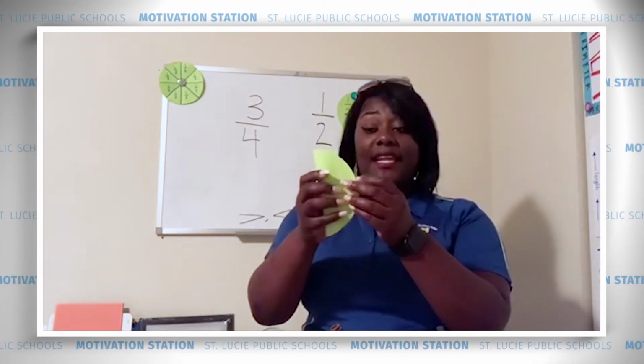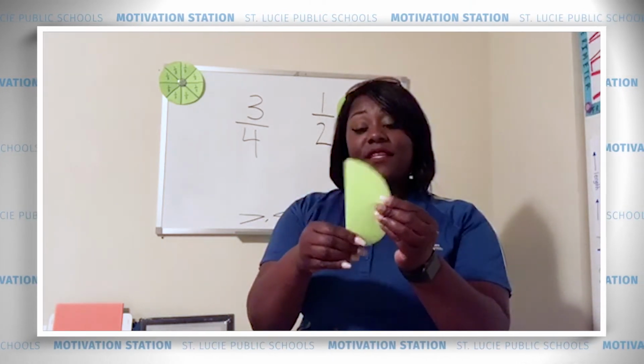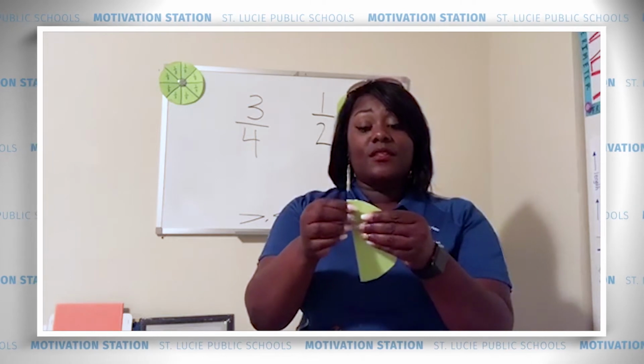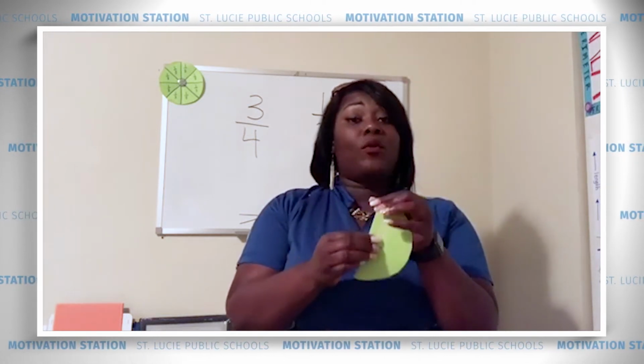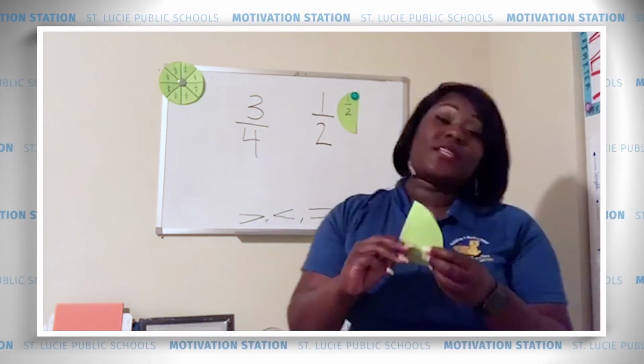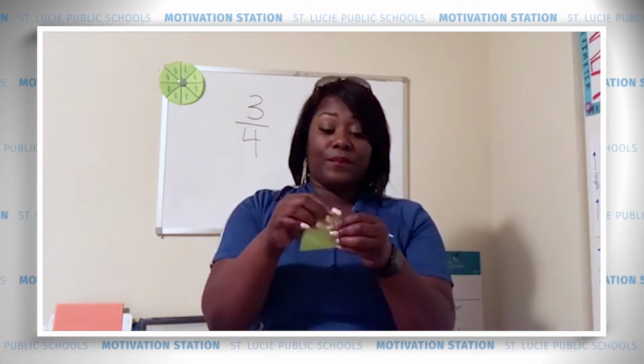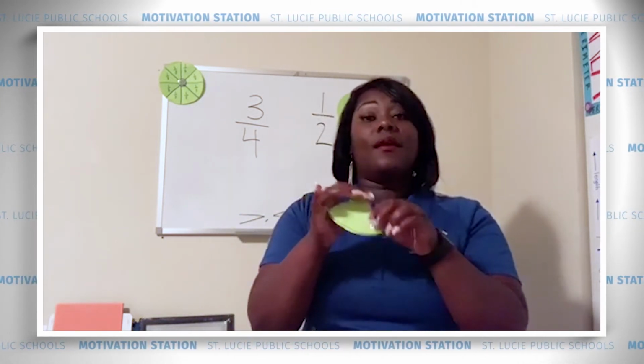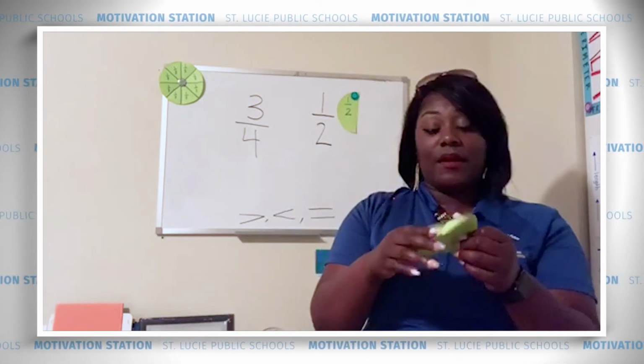So I'm going to fold it in half, just as I have done the first circle. If I fold a whole in half, how many equal-sized parts do I get? 2. Half is 2 equal-sized parts. Then I'm going to take this and I'm going to fold it in half again. And this is how you get your 4 equal-sized parts.